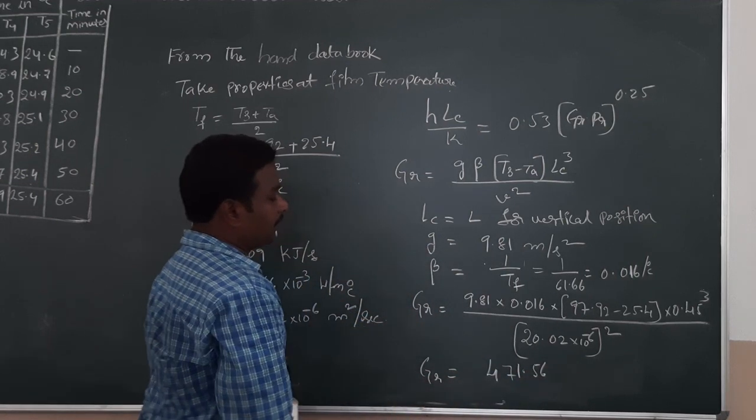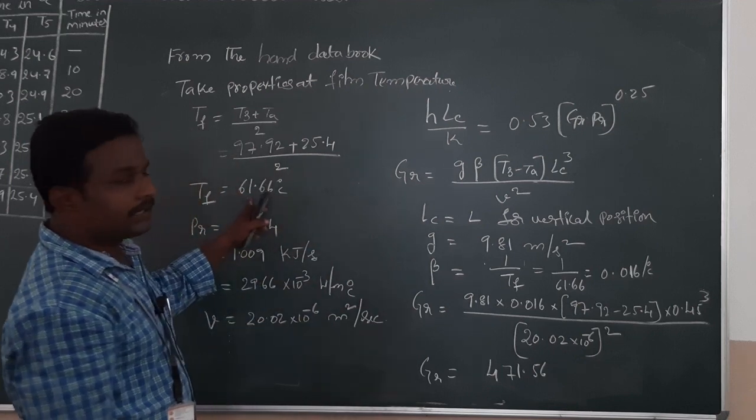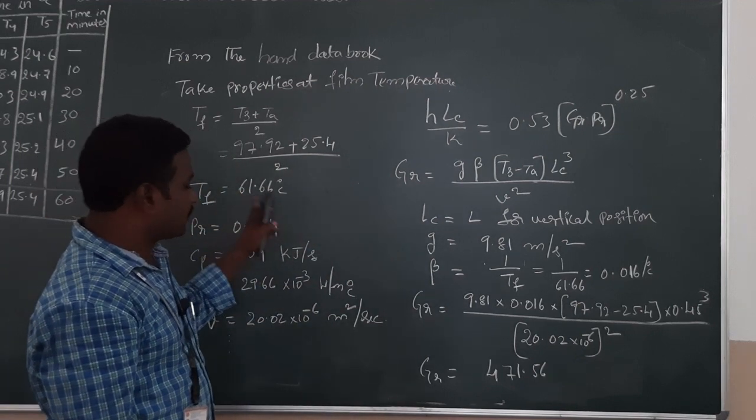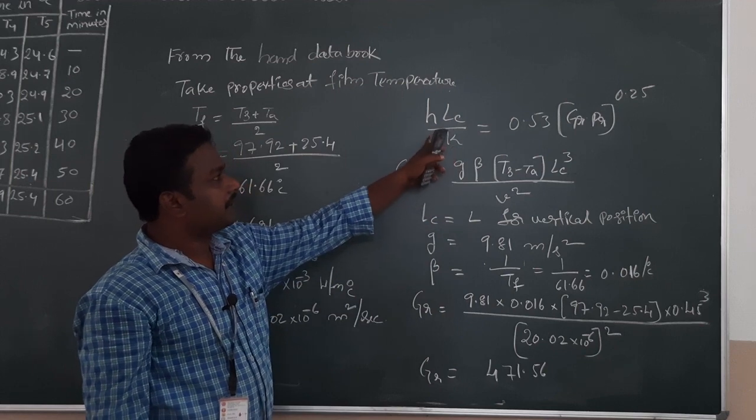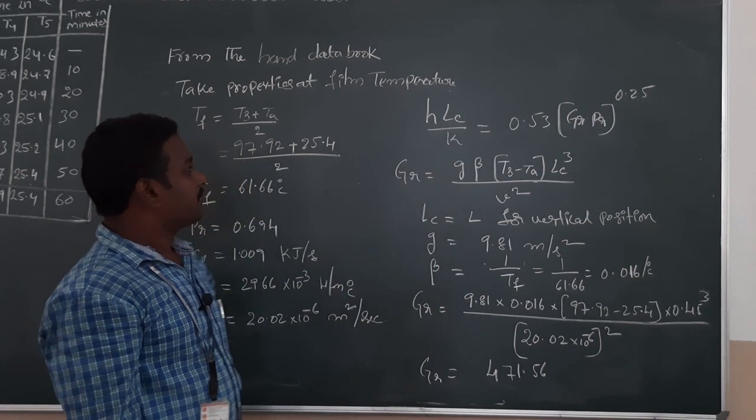471.56 into 10 to the power of 6 is the Grashof number value, and the Prandtl number value came directly from the data book. Substitute this Grashof number, Prandtl number and thermal conductivity in this equation, and we will get the heat transfer coefficient value.